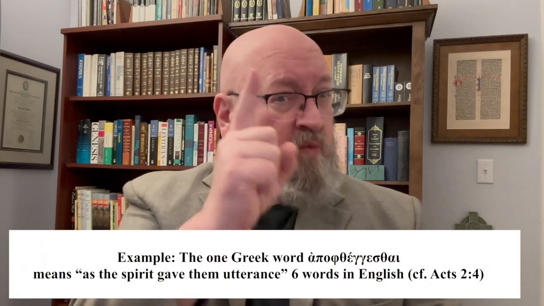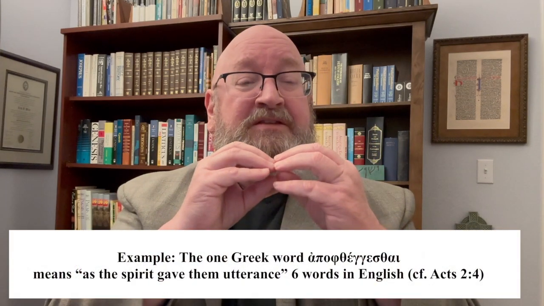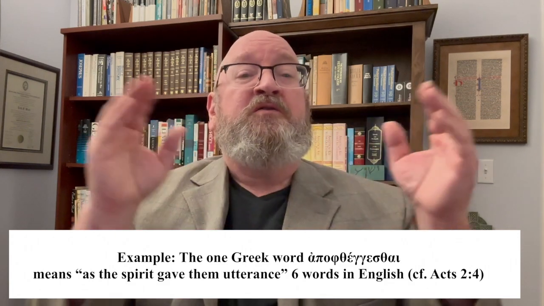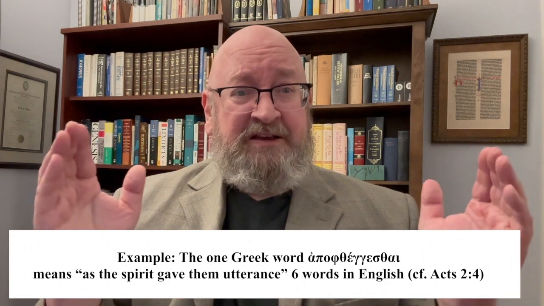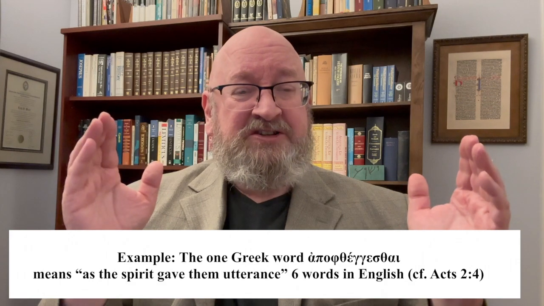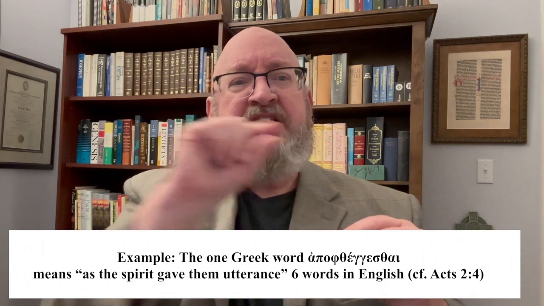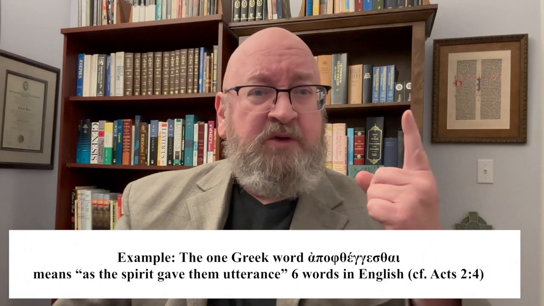Because you could have one word in Greek that to really convey what it means requires 5 words in English. So you go, so this whole sentence here, where did that come from? That came from one Greek word.